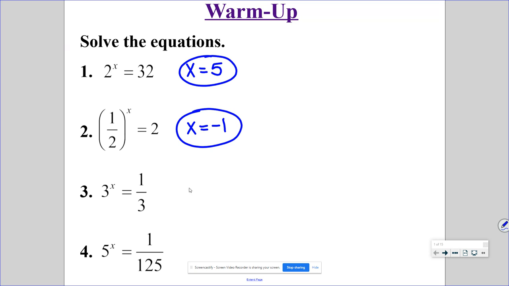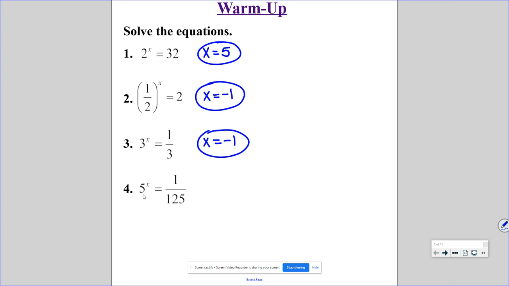Basically the same thing is happening over here on number 3. 3 raised to a power, if you wanted to equal a fraction, basically you would have to flip the number, and only negative exponents allow you to flip numbers around. And then the last one, this is going from a whole number to a fraction, so we know that a negative exponent is involved again.